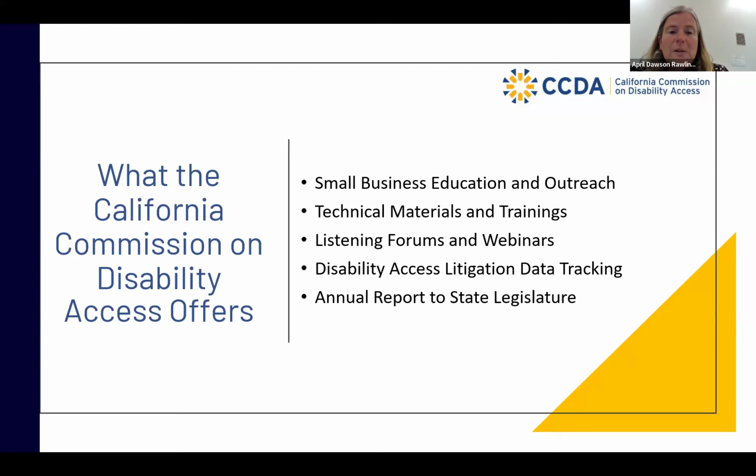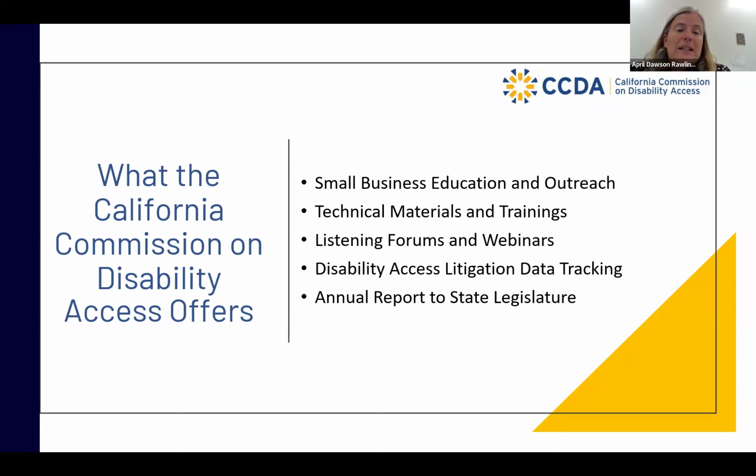We also do disability access litigation data tracking. By law, law firms and attorneys who file in federal or state court construction-related alleged disability access violation claims or alleged website accessibility claims are legally obligated to submit copies of those to us.